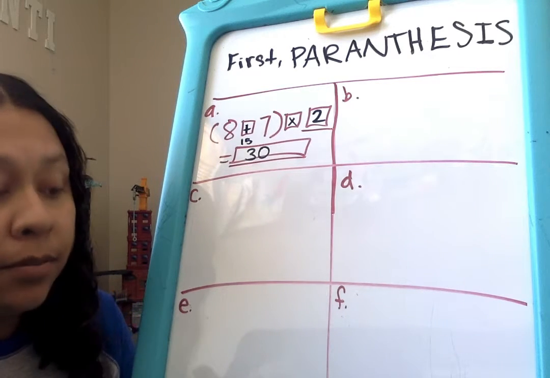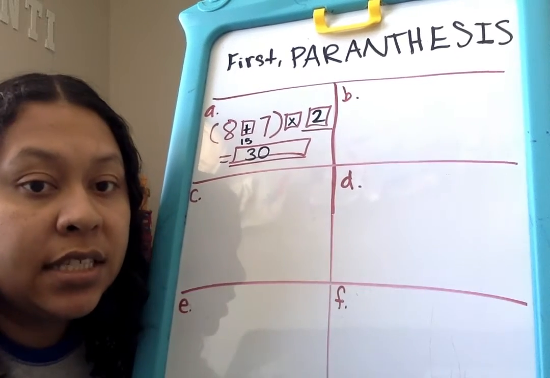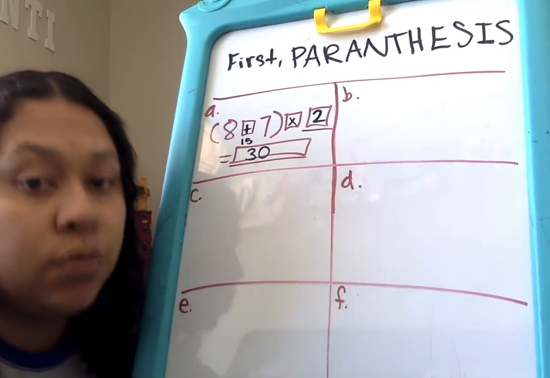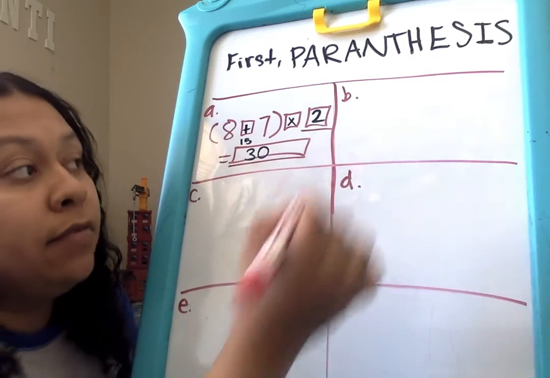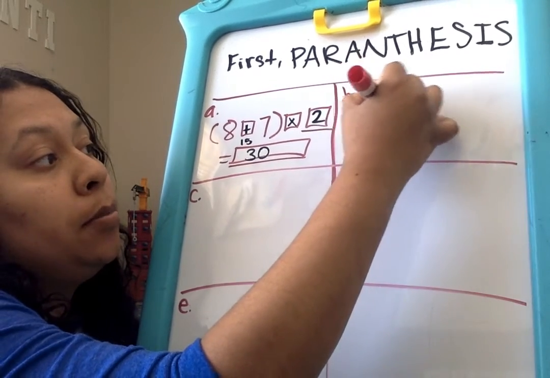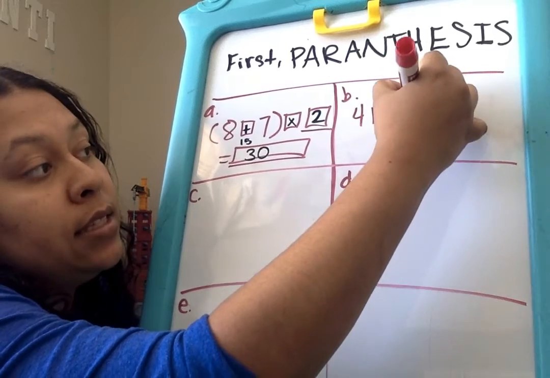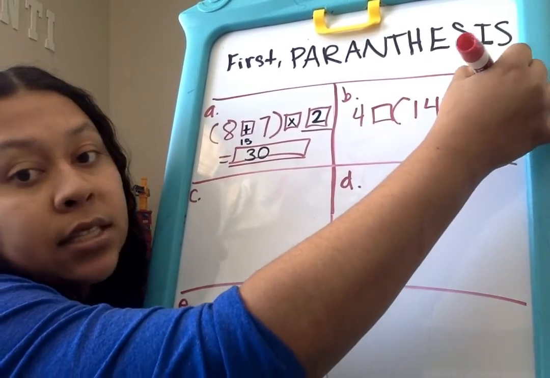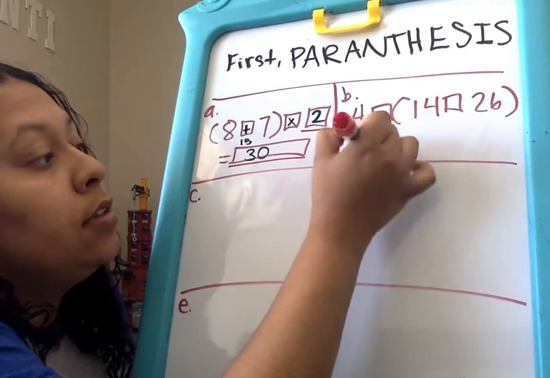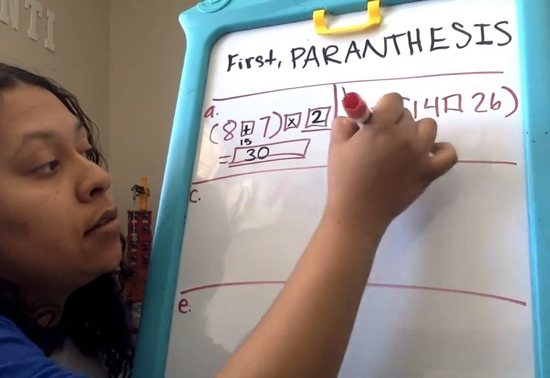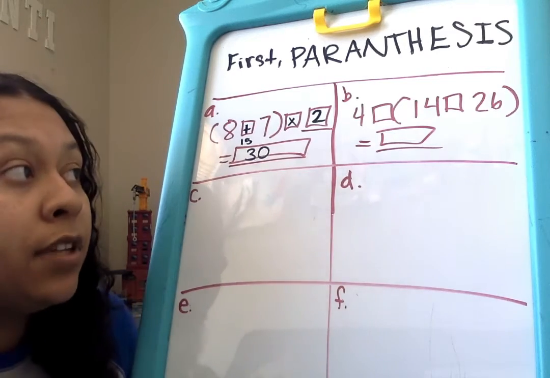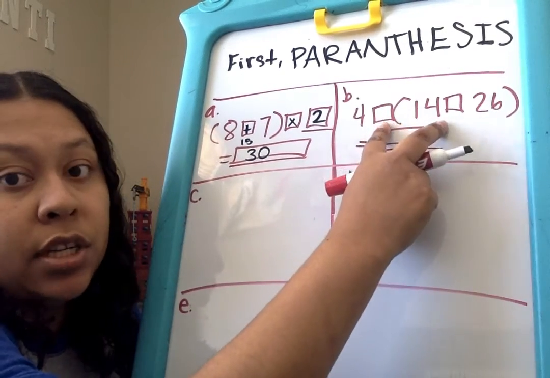Okay, so now B. B says 4 times the sum of 14 and 26. So we have 4, blank, parentheses, 14, blank, 26, parentheses, equals blank. First you need to fill in the blanks in the expression up here.